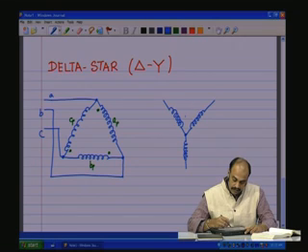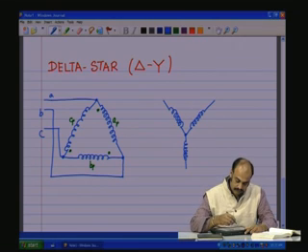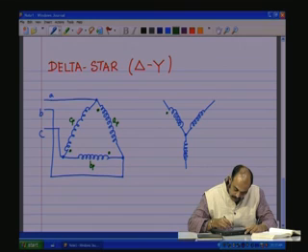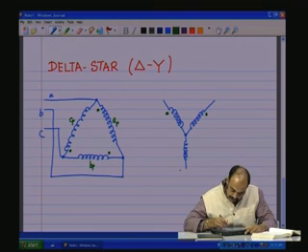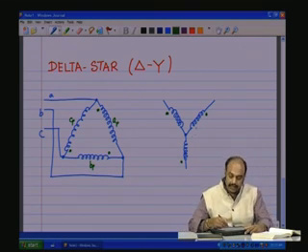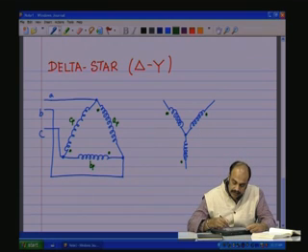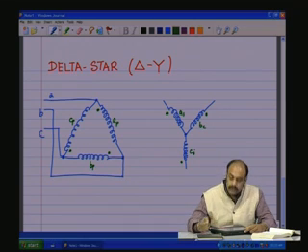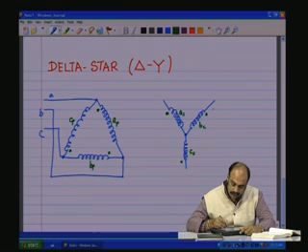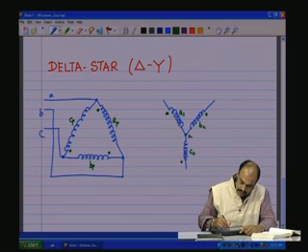This is the secondary connection, and let us also put the dot polarities all away from the neutral. One end of the secondary windings are connected at the neutral. These are the AS winding, the BS winding, the CS winding. Now, this is the neutral point.